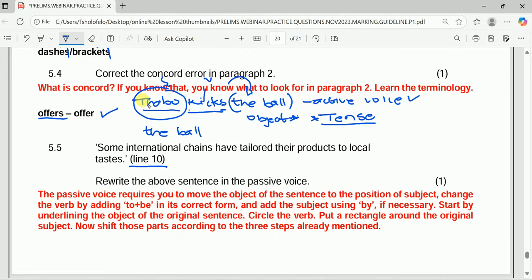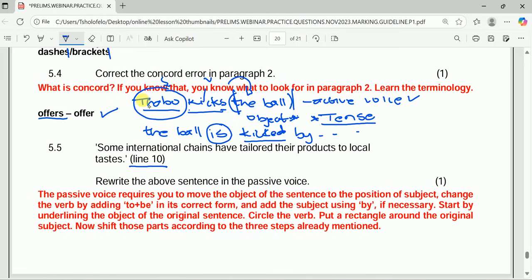Remember, in a passive we begin with what? With the object. Object is what is being acted upon. The ball is, now we use the word is to show that we are changing a present tense. The ball is kicked, and then the verb in a passive voice will always go to a past tense. The ball is kicked by Thabo.